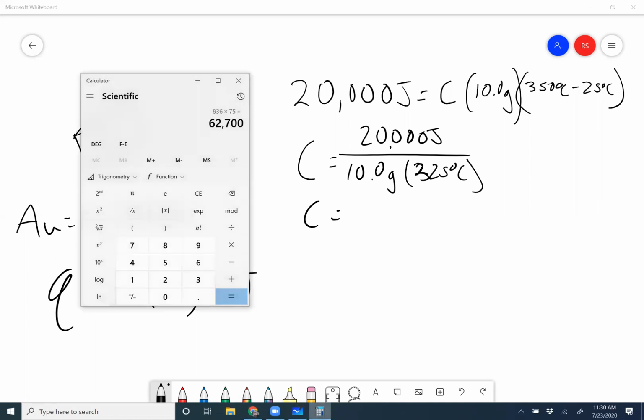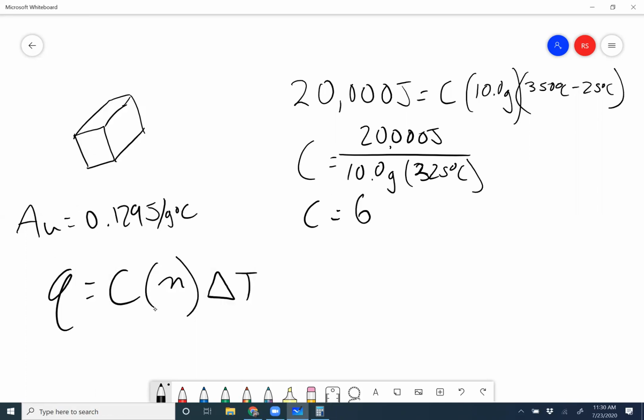So let's see what this is. So 20,000, and then we're going to divide that by, and again, this is where your algebra skills come in, 10 times 325. So this is a specific heat of 6.15.